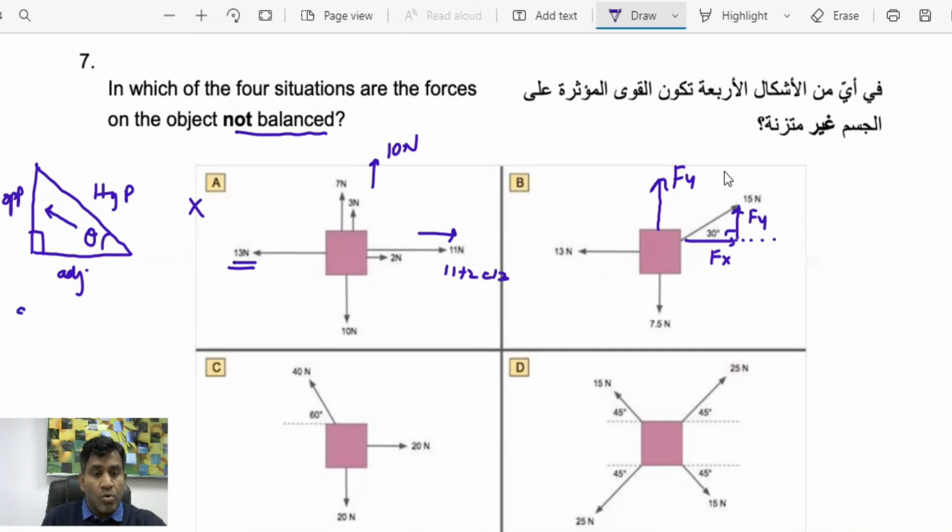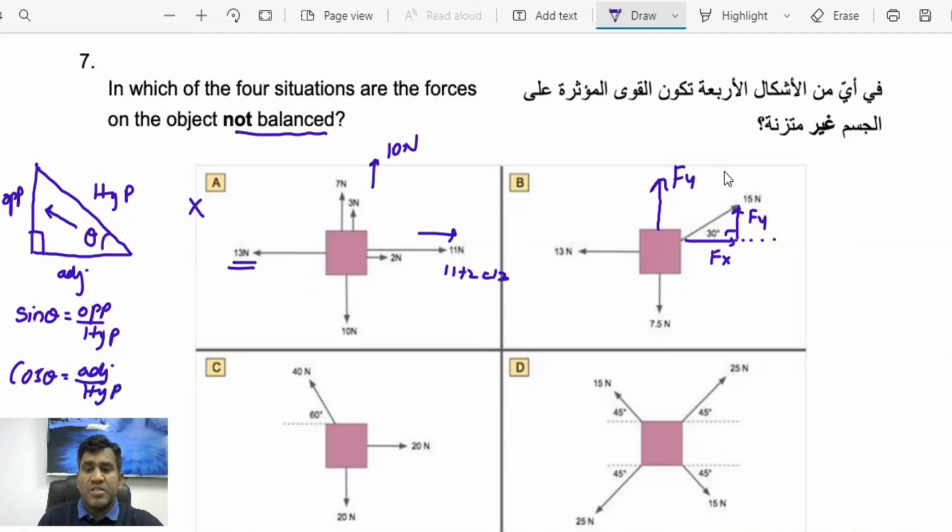What is the SOH? It is the sine of angle theta, which is opposite by hypotenuse. And what is the CAH? It is the cosine of angle theta, which equals adjacent by hypotenuse. So far we just need these two. This is the angle, and I am interested in calculating Fy.